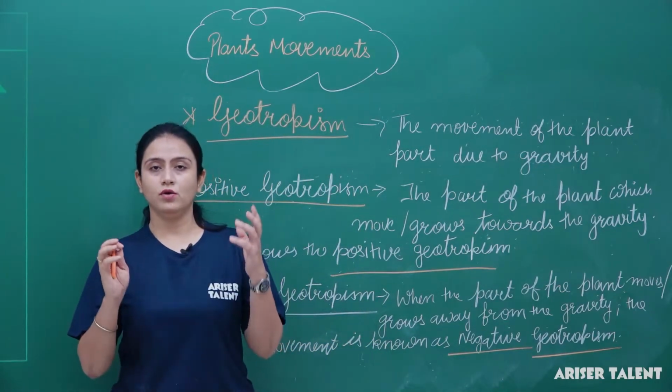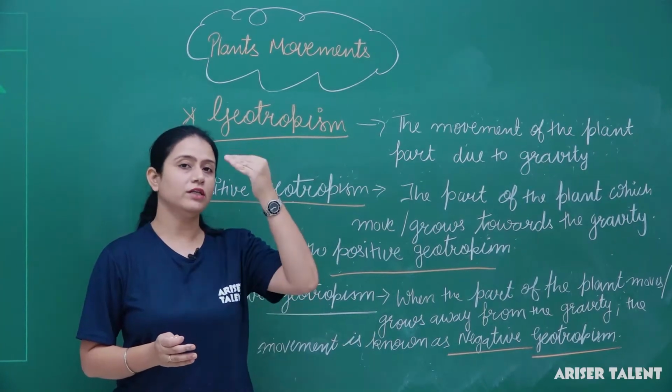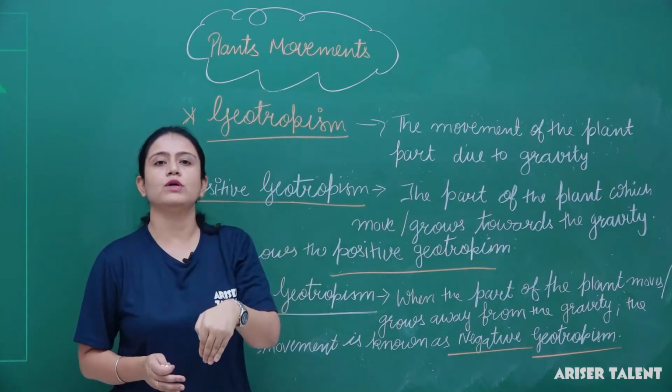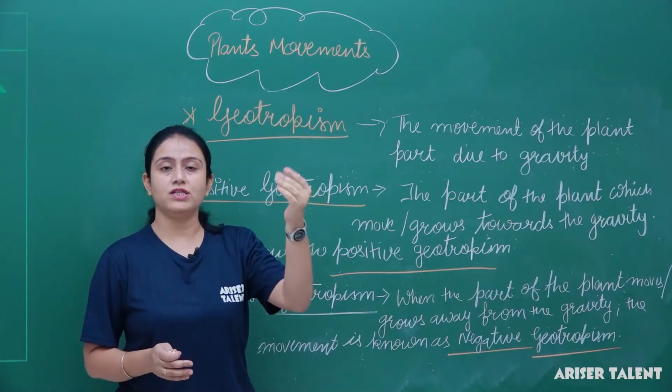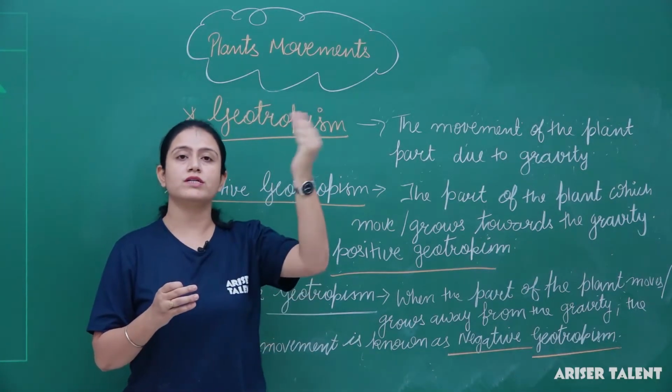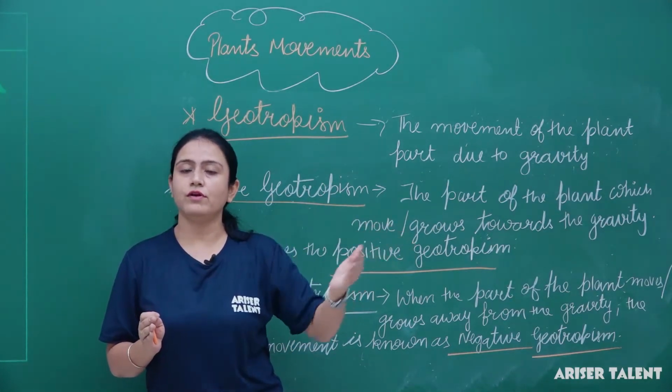As you all have studied in the junior classes, we know that the roots of the plants grow towards the gravity, and the part of the plant known as the shoot, which is above the ground, moves towards the sunlight, which means it moves away from the gravity.